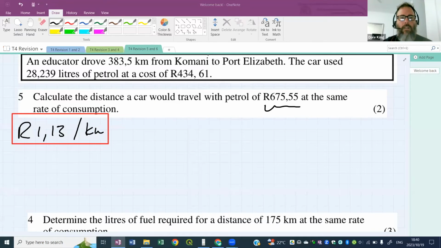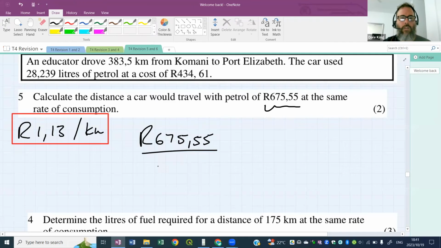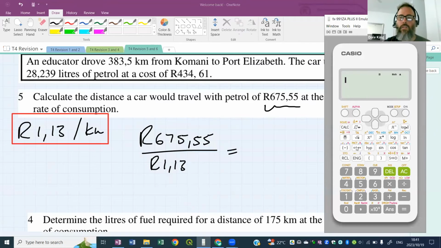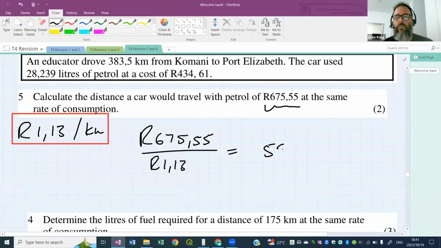So I'm going to cut my R675.55 up into R1.13 pieces. 675.55 divided by 1.13 gives me 597.83185.